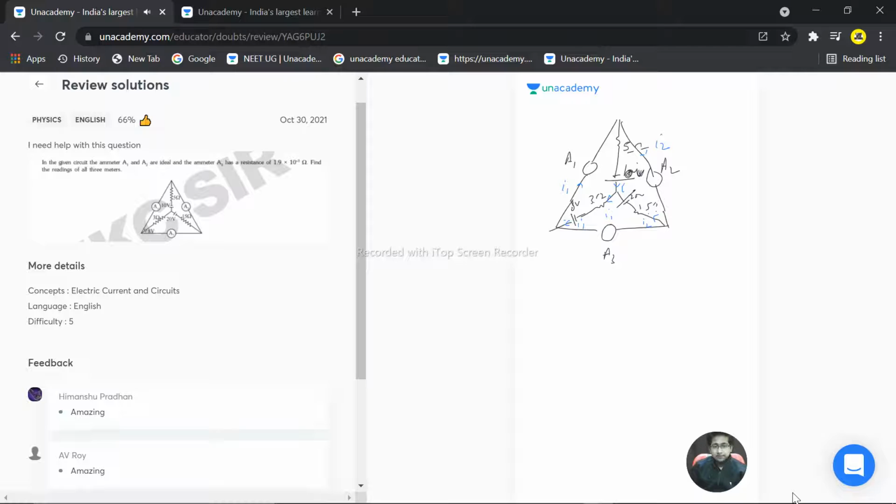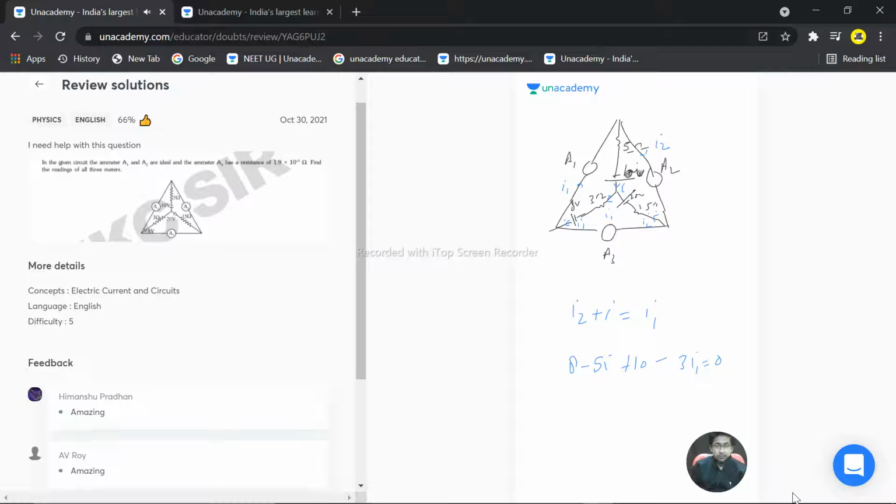Basically, we can write that I2 plus I is equal to I1. That's equation number 1, and we can write 8 minus 5I plus 10 minus 3I1 is equal to 0.